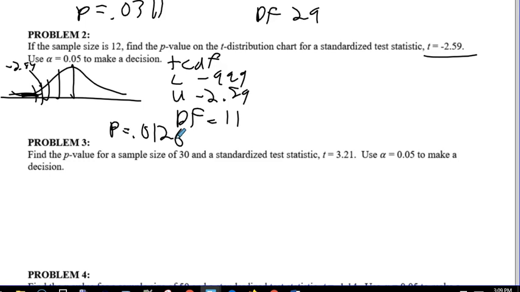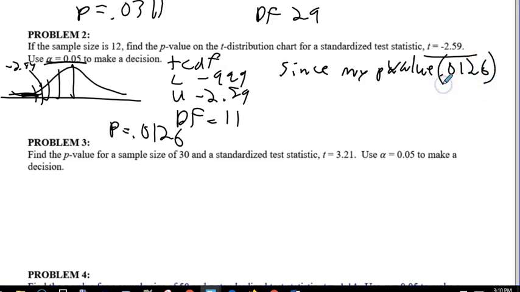We're comparing that to our alpha right here, 0.05. Well, 0.0126 is less than that. So again, since my p-value, and if you want to put 0.0126 in parentheses, you can, is less than my alpha of 0.05, we reject the H0.